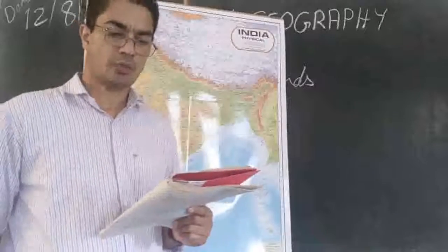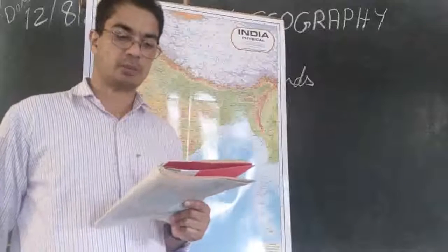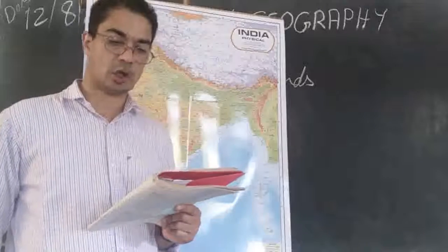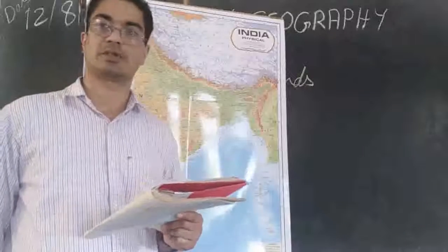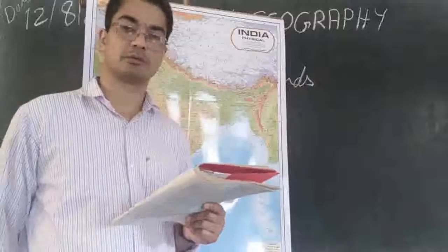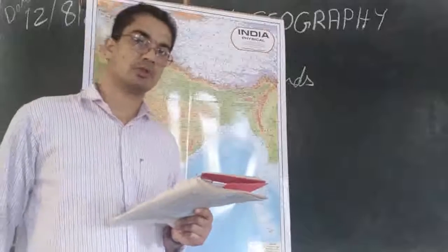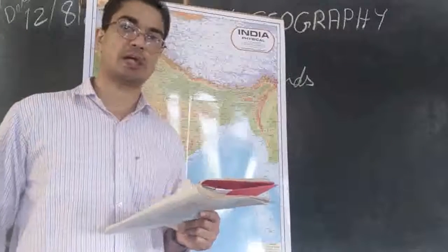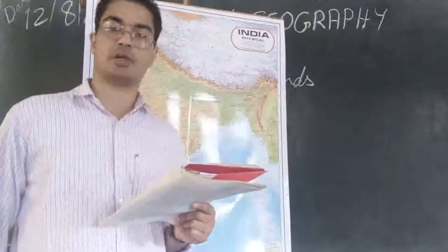Then tropical cyclones occur during the monsoon as well as in October and November. So these tropical cyclones, the cyclones from the tropical region, occur during the monsoon season and also in the months of October and November, and are part of the easterly flow.